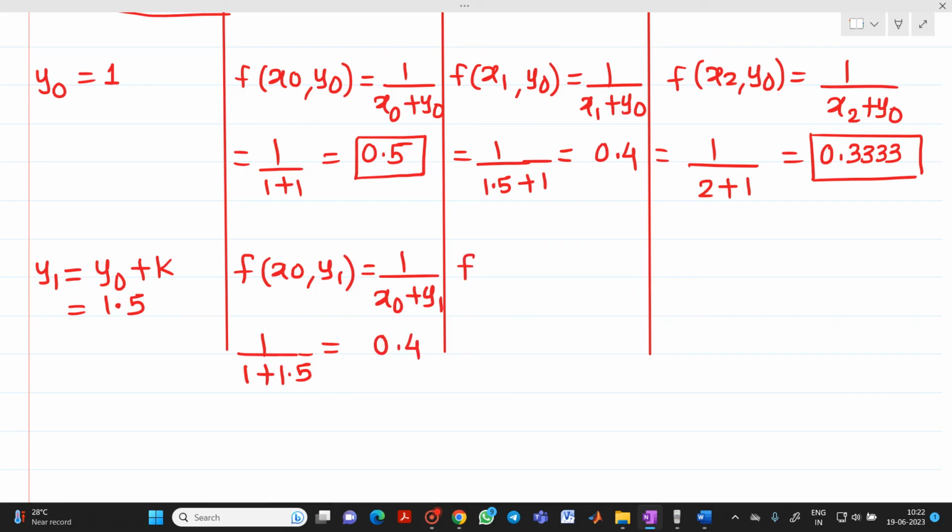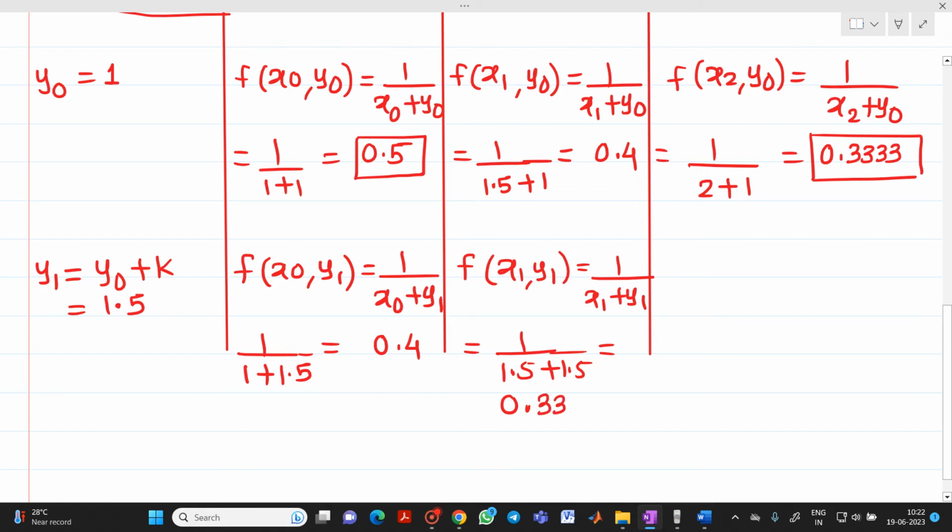Here you will get f of x1 comma y1. So the given function will be 1 upon x1 plus y1. So it will be 1 upon 1.5 plus 1.5, which will be equal to 0.3333. Let me give this symbol here.